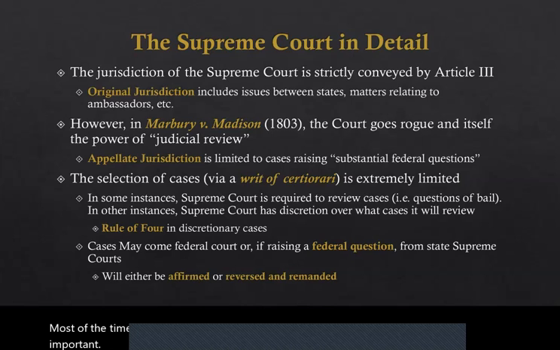That being said, if they do take the case, they will either affirm the decision, which means we're upholding the lower court's decision and saying that's what it should be, or they will reverse and then remand, basically saying, we disagree with what you did, now do this instead and give a new trial or something along those lines. So again, they are a court, they do have these powers, but they are extremely, extremely powerful.